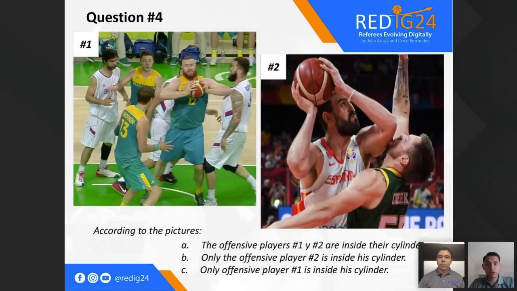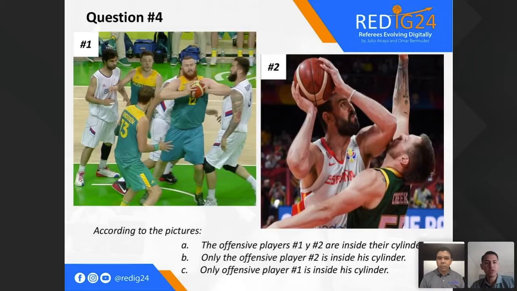So we have examples right now. You can see two pictures on the screen, and you also have a question on the poll. According to the pictures, the options are: option A, the offensive players in picture one and two are inside their cylinder.